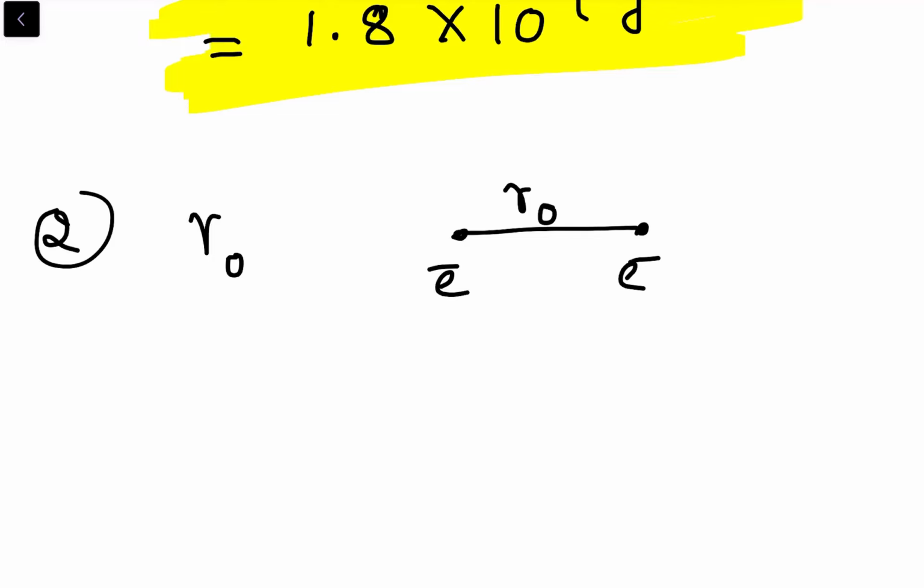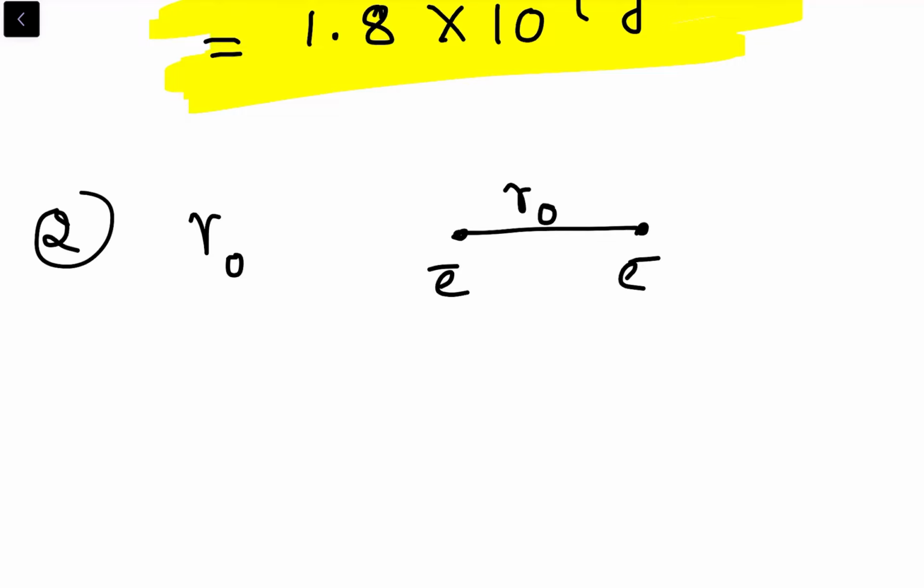At this distance, the entire kinetic energy of both the electrons changes into the potential energy.